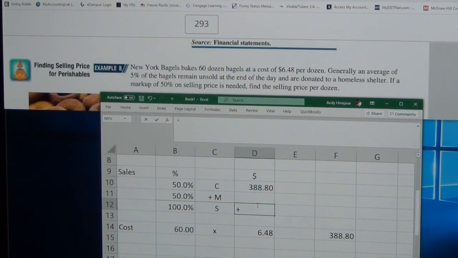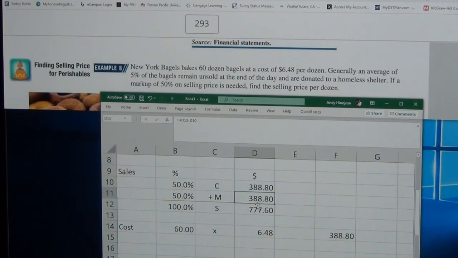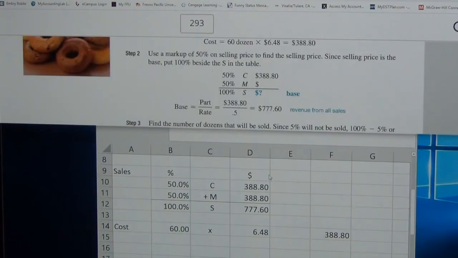So let's do that. $388.80 divided by 50%. So the total sales that we're going to get out of this is $777.60. We take the difference between the sales price and the cost, and we come up with $388.80. So we know our total sales have to be $777.60.